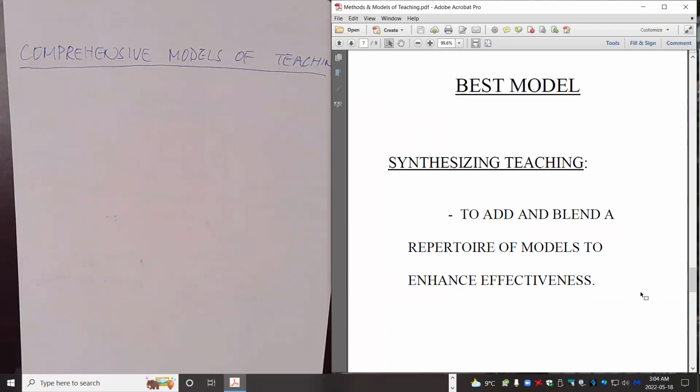So you don't want to stick to just model 1 or model 2 or model 3. You should blend. Whenever the needs arise, you use this model. And so you use model 1, 2, and 3 whenever you see fit. So blend, synthesizing teaching is the best model.